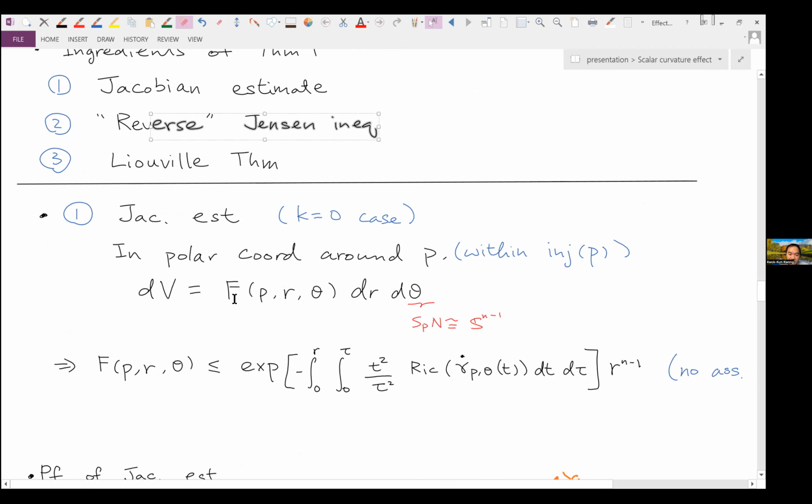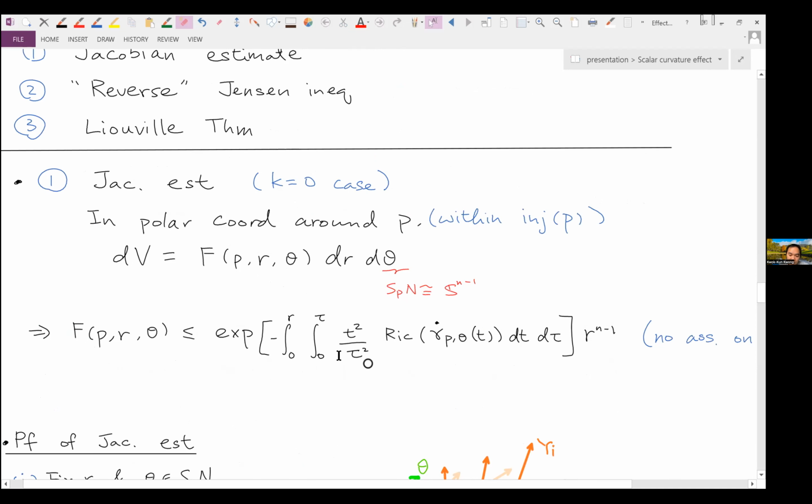Again, F is the Jacobian in the polar coordinates around a certain point P. So the estimate I have is this one. Again, a very complicated thing, but let's just get some feeling of this estimate. What is it talking about? If, let's say, the Ricci curvature is 0 or is non-negative, then the whole thing inside the square bracket becomes 0 or bounded above by 0.